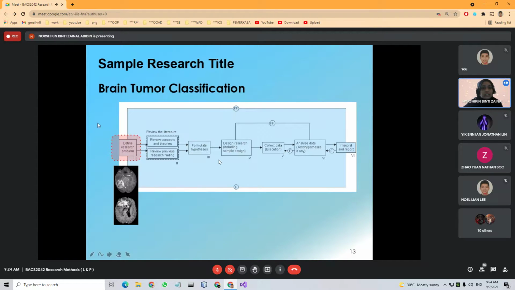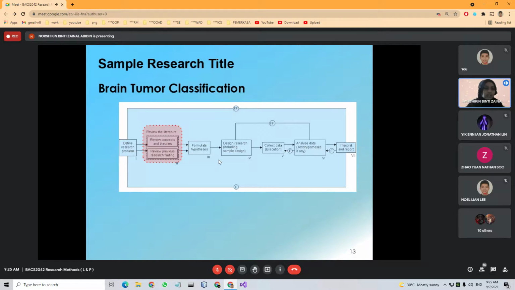What they want to investigate is the classification of brain tumors. From this image, I'm not sure what the problem with the brain or tumor is. So first, they need to identify what the problem is.